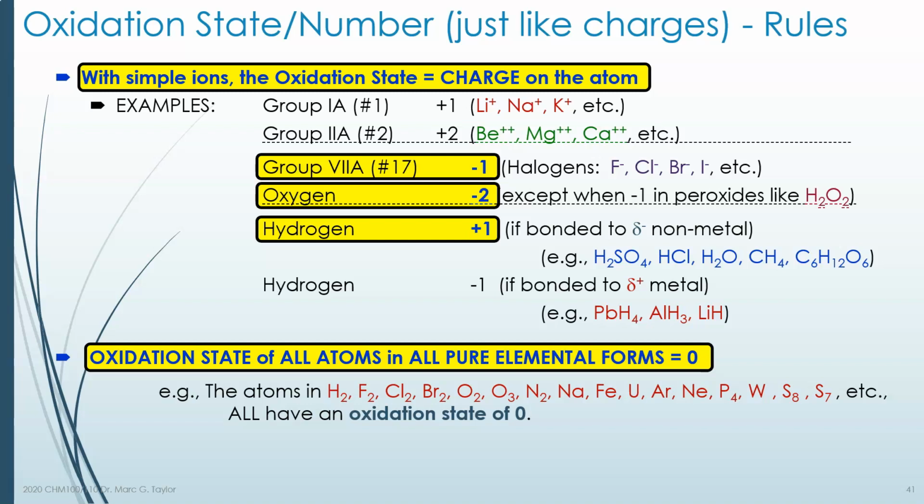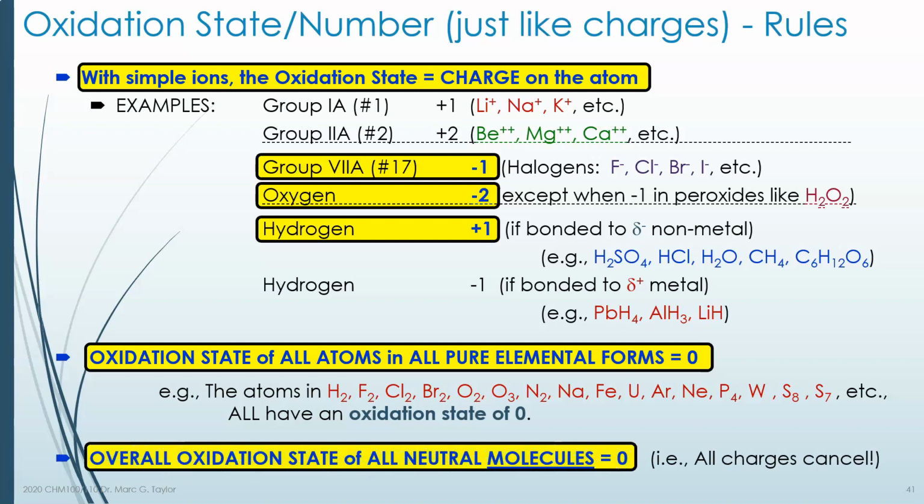They are usually not found in compounds. Oxidation state is 0. P4, all phosphoruses in P4 have an oxidation state of 0, etc. So if it's a single atom, or an atom in the elemental form, the oxidation state is assumed to be 0 unless you see a charge on it.